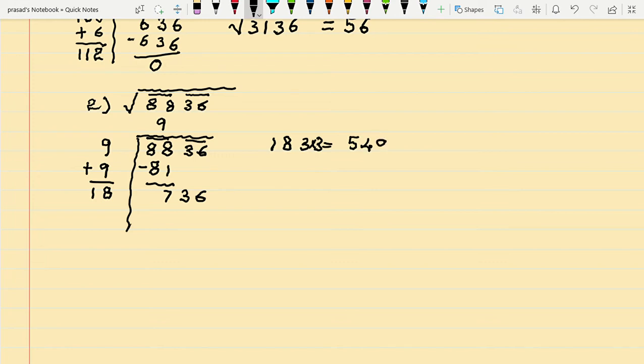So go for the next digit, 184, and multiply by 4. 184, you multiply by 4, you will get 736.